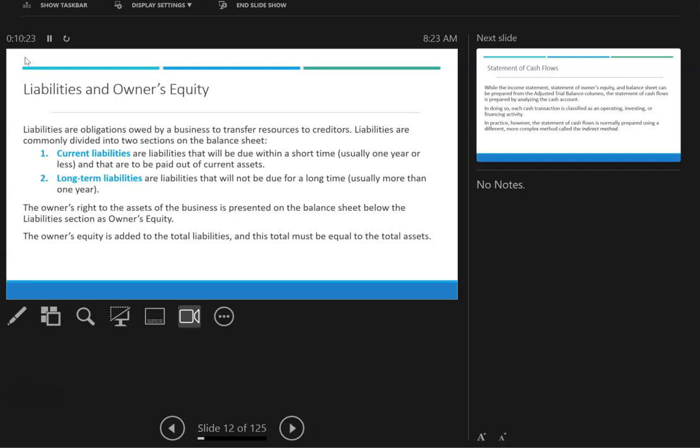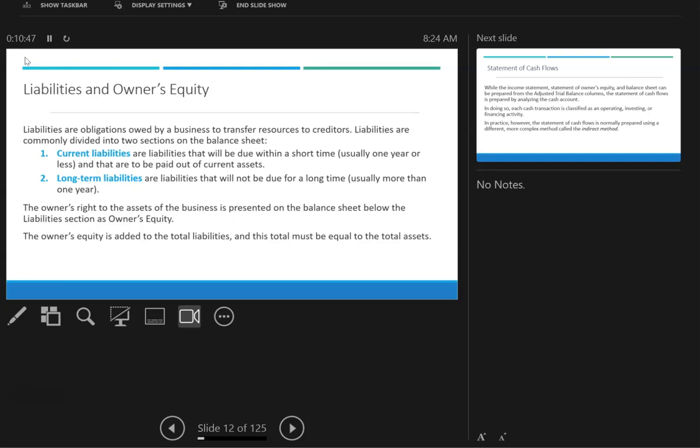Or within 10 days. Accounts payable is generally payable within 30 days. But things that would be considered long-term liabilities are things that are going to take over a year to pay off, such as a mortgage. Auto loans usually are 4 or 5 years. Does that make sense?